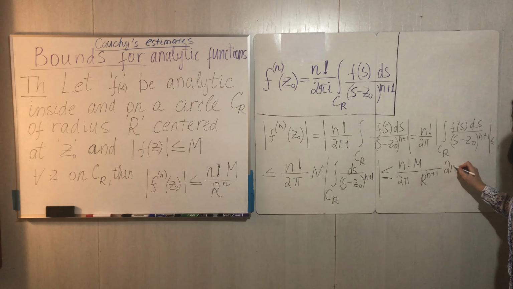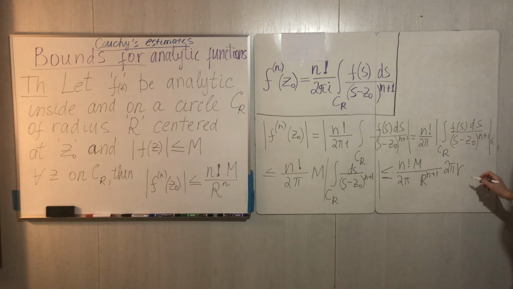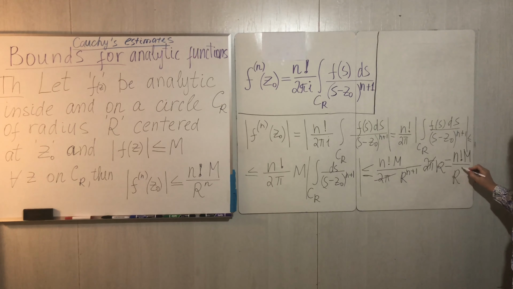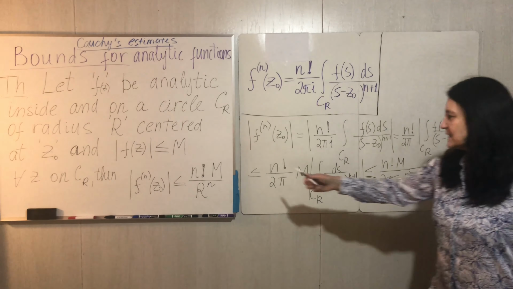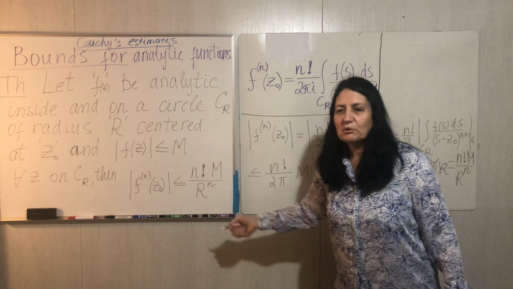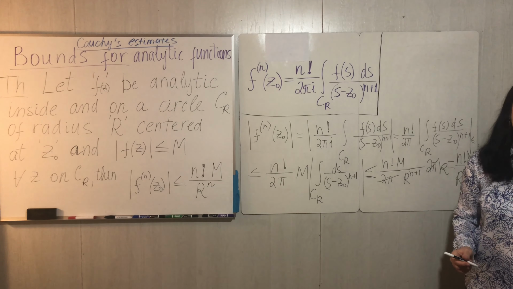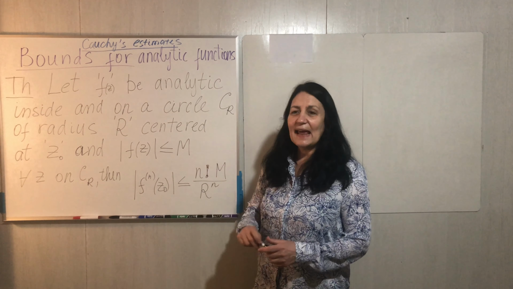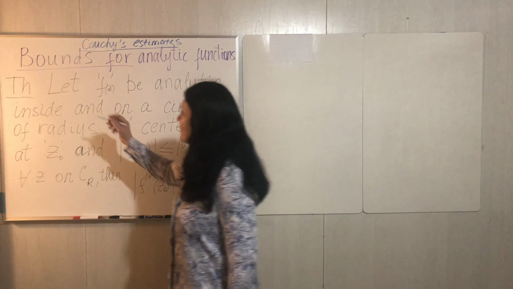So 2 pi r, and then the 2 pi and 2 pi are cancelled. One r is cancelled, and we have n factorial times M over r to the n. And this is exactly what we wanted to prove, so the proof is done. Okay, so we proved Cauchy's estimate. Let's call it theorem 1.